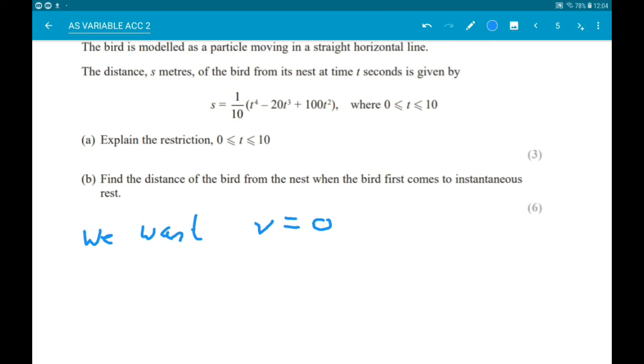Now, velocity is ds by dt, so that's going to give us, we can keep the 1/10 on the outside.